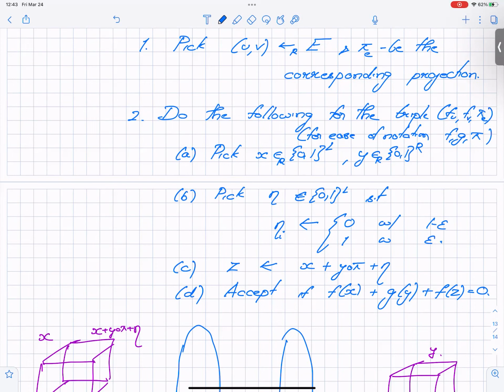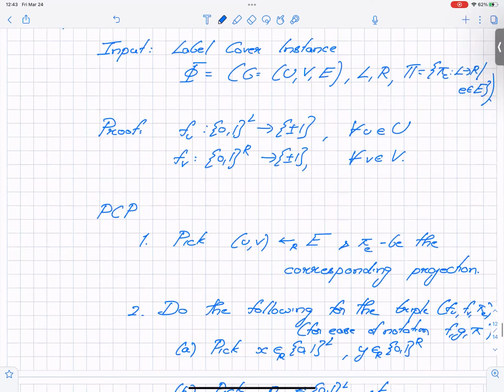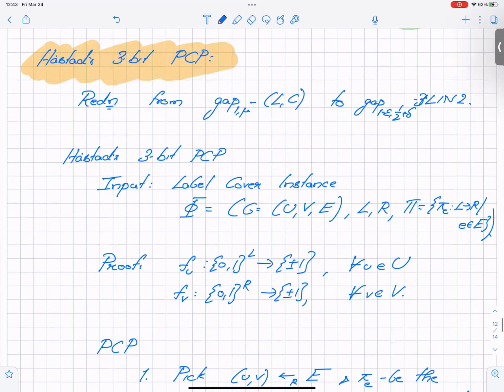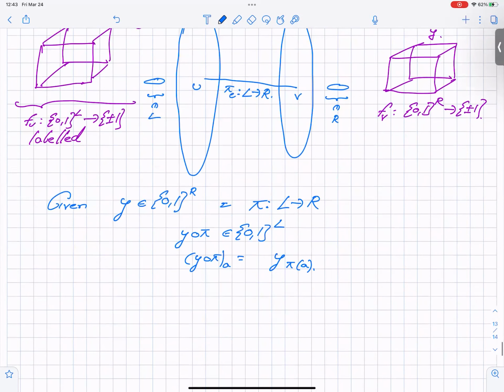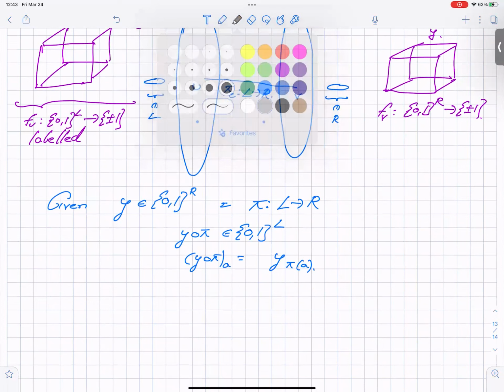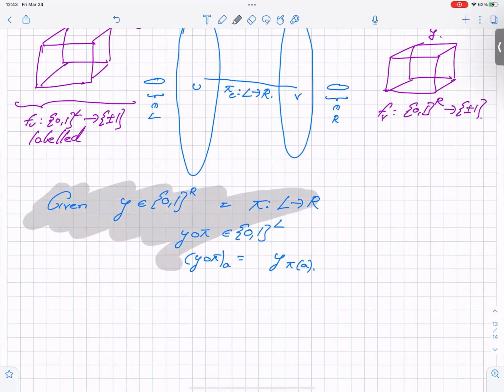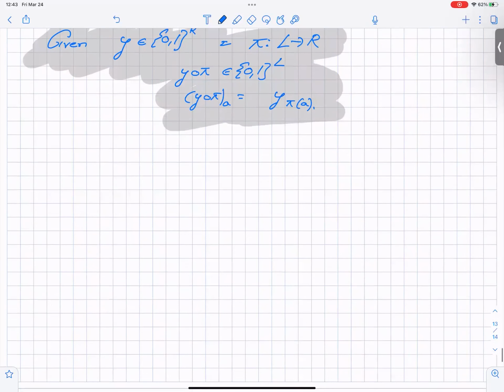Let's ask completeness. This is the definition of y of pi.